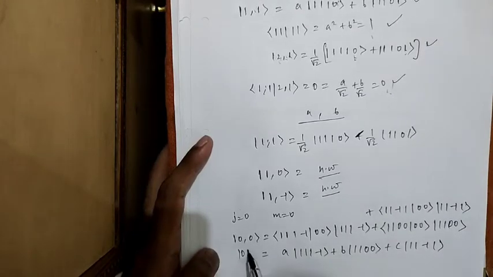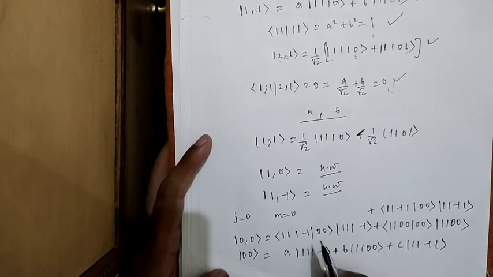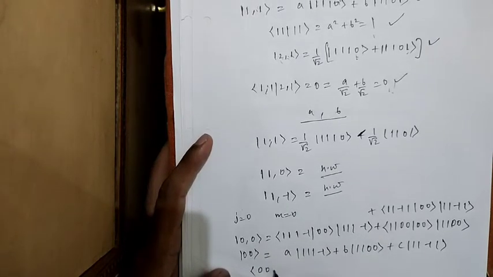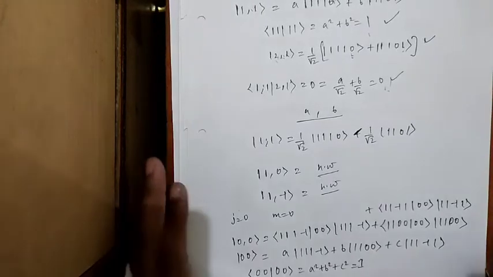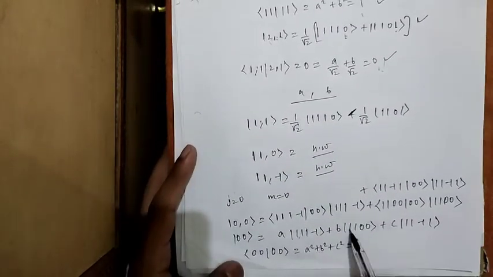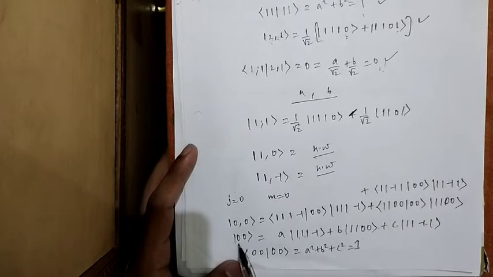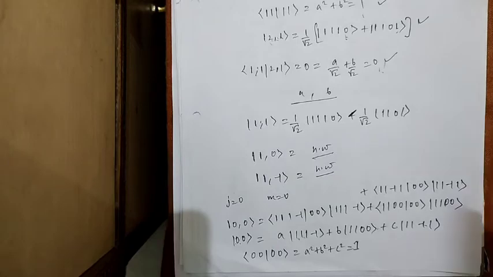But again applying the normalization property, 0 0 gives us a squared plus b squared plus c squared equals 1. Now we have to use the eigenkets which have the same components, but are orthogonal to the whole superposition.